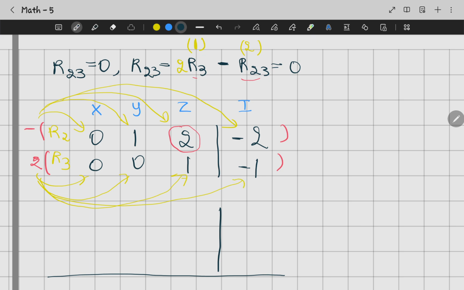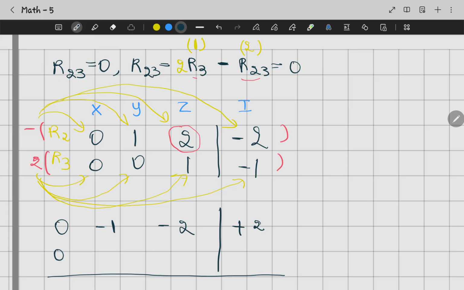So it will give me negative 0, which remains 0, and this one will be negative 1, and this one will be negative 2, and then here negative negative gives positive 2.